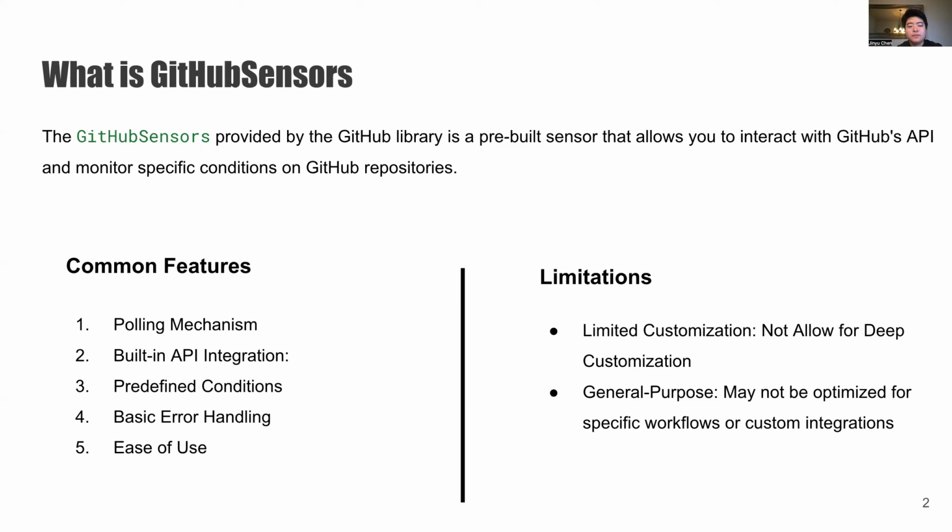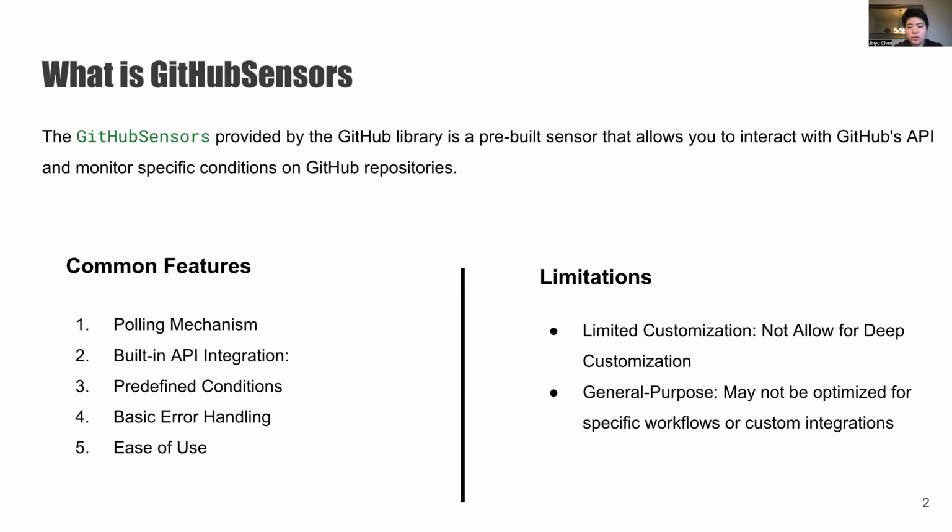Okay, let's move forward. Limitations. No matter how many benefits or features they have, they also have some limitations. The first one is limited customization. The provided GitHub sensor may not allow for deep customization.